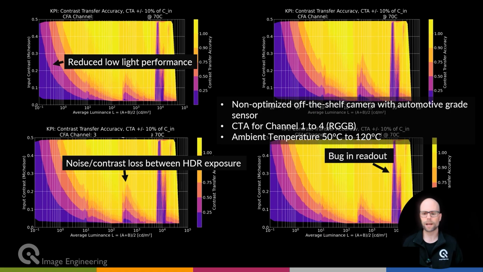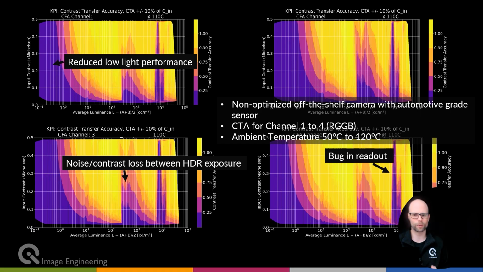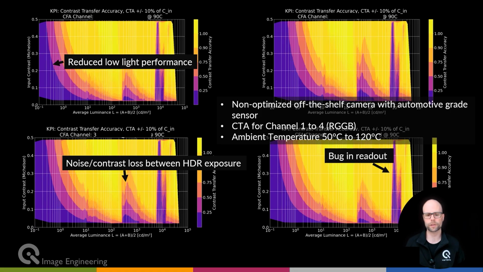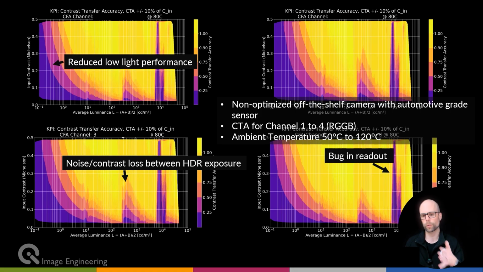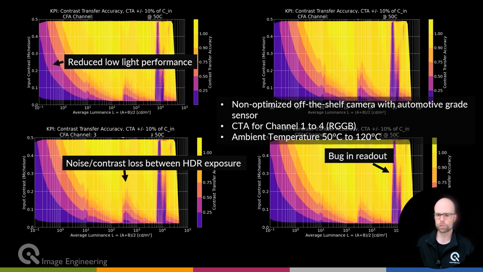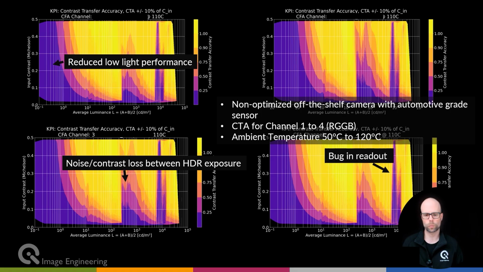And we have a bug in the readout, so there is a misconfiguration on the sensor. We know what it is, but it's quite interesting to see here. A bug in the readout is something that is easy to miss when you just go out on the road, but here in the data it shows up very easily, so that you know, hey, there is something wrong with my measurement.